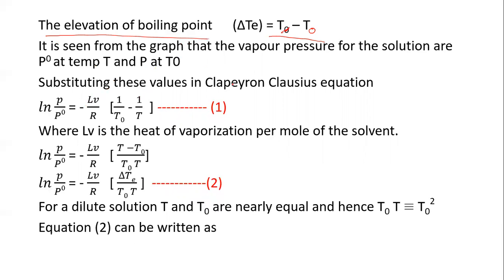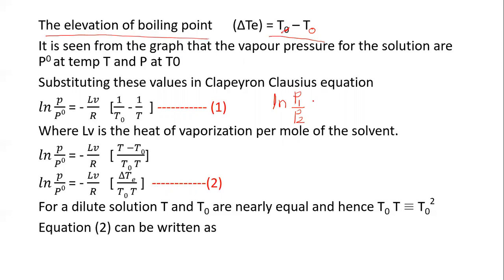So what is the integrated form of the Clapeyron-Clausius equation? Let us represent that equation here first. That is ln P1 upon P2, where P1 is the lower vapor pressure and P2 is the higher vapor pressure.